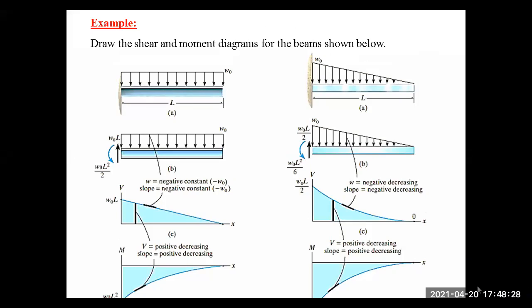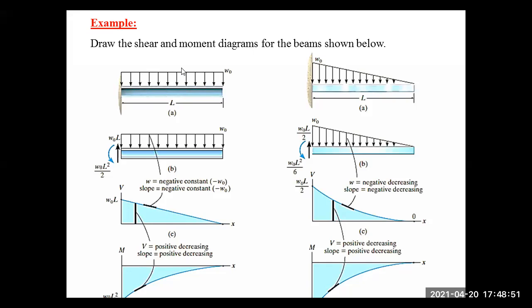That's it. When the force is constant, then the slope is constant. The line, I mean, we don't have a curve. When the force doesn't change, there's no increase or decrease in the loading, then we have two choices. If the load is downward, that means negative.